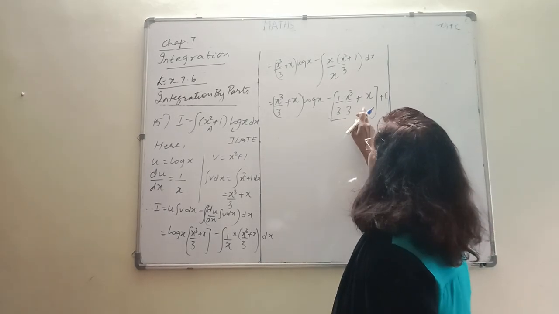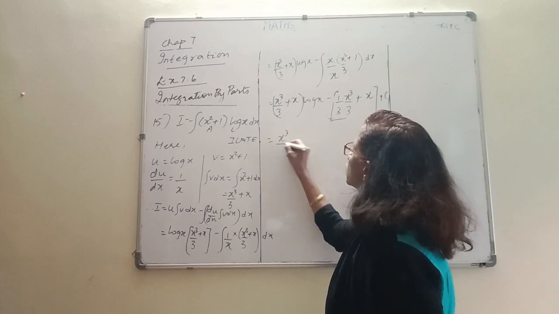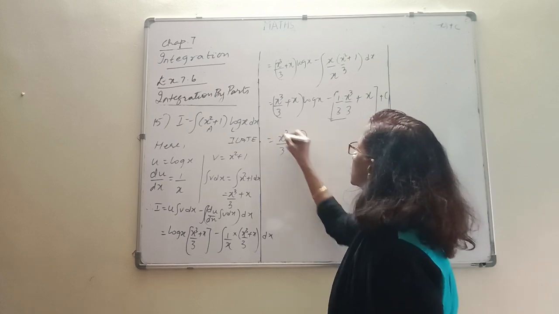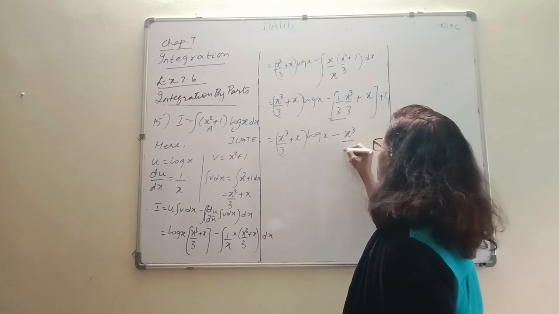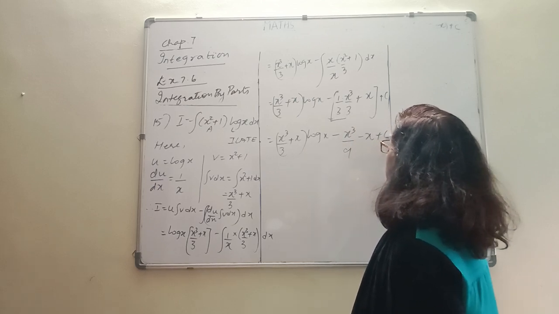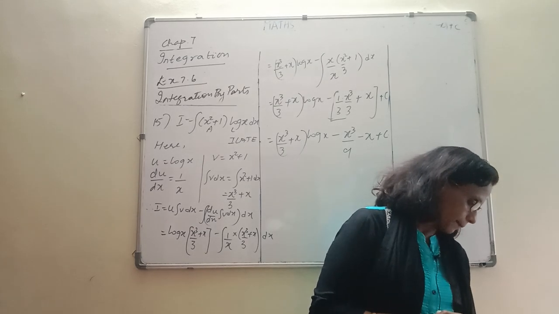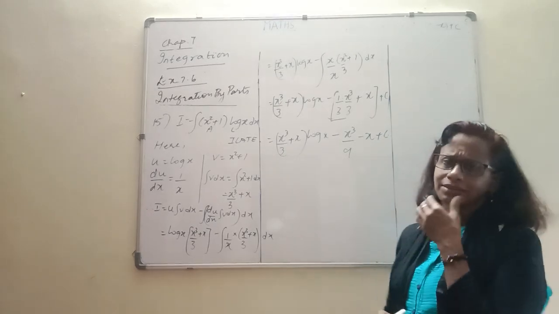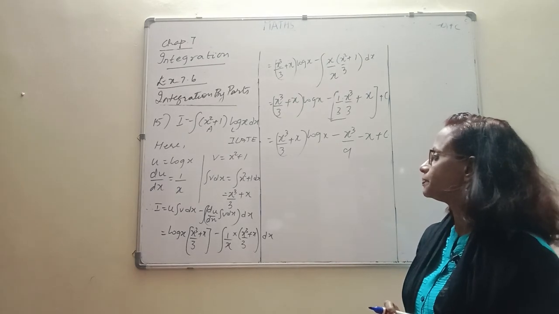So it is x cube over 3 plus x times log x, minus x cube over 9 minus x plus c. So that's going to be our answer. Quite simple after deciding what the whole thing is all about.